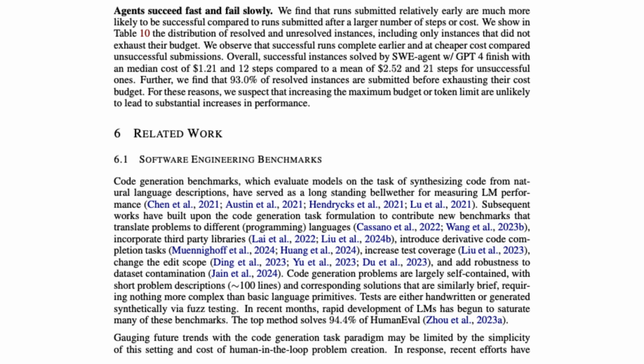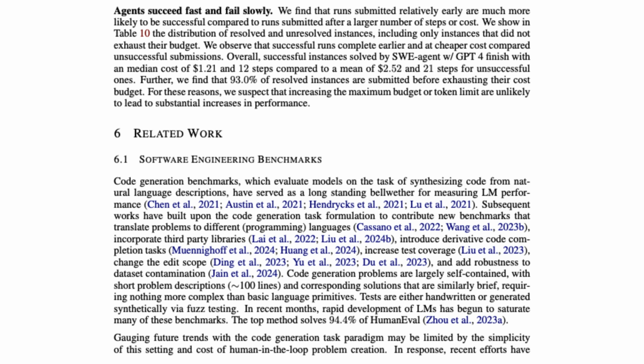Subsequent works have built upon the code generation task formulation to contribute new benchmarks that translate problems to different programming languages, incorporate third-party libraries, introduce derivative code completion tasks, increase test coverage, change the edit scope, and add robustness to dataset contamination.